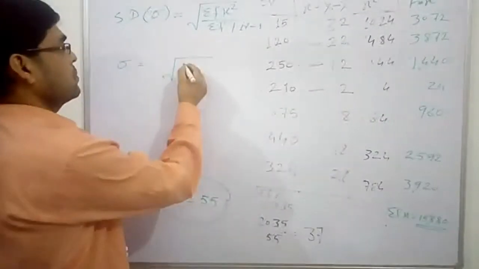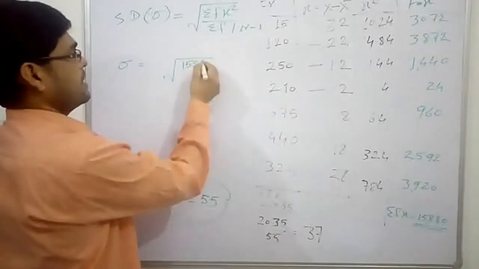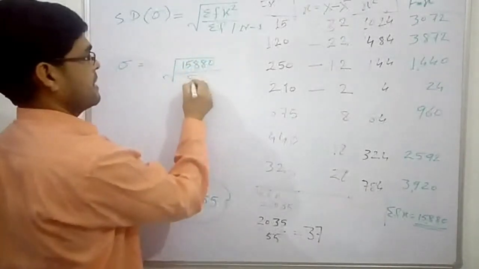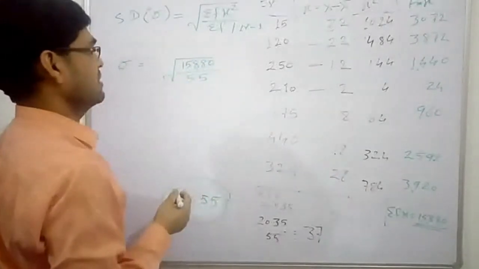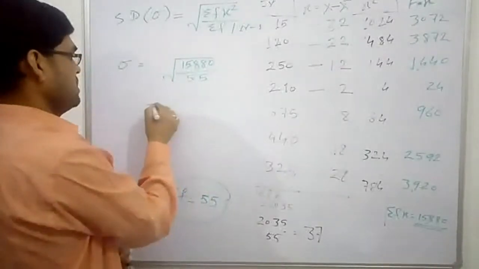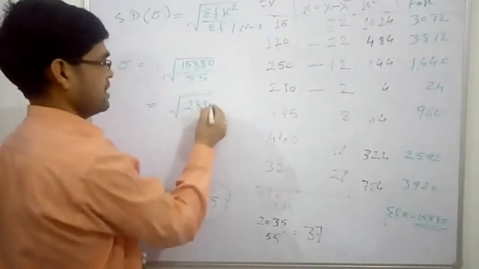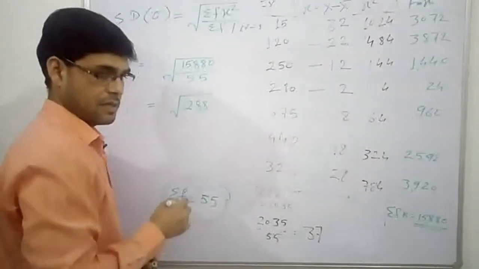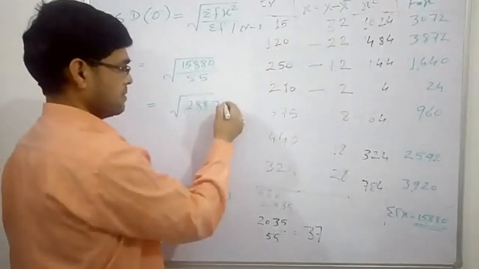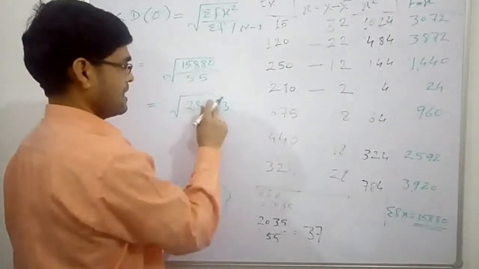So 15880 divided by the frequencies gives us square root of 288.73 approximately.